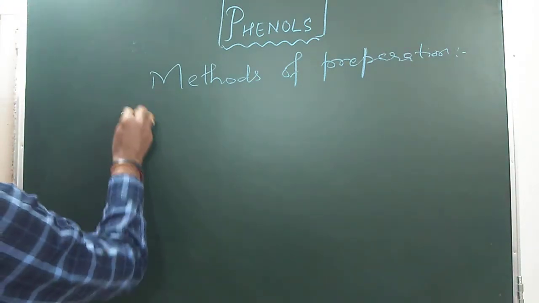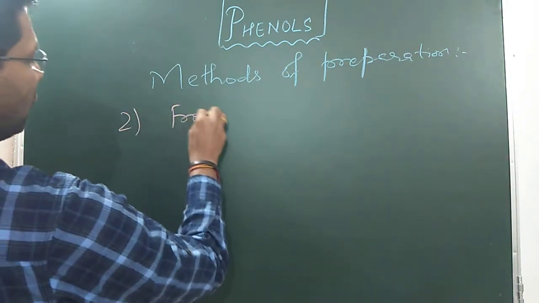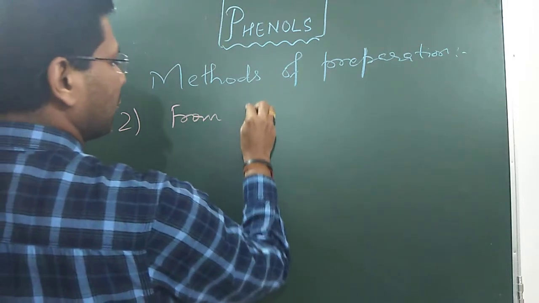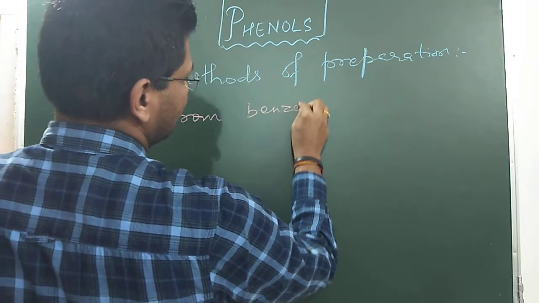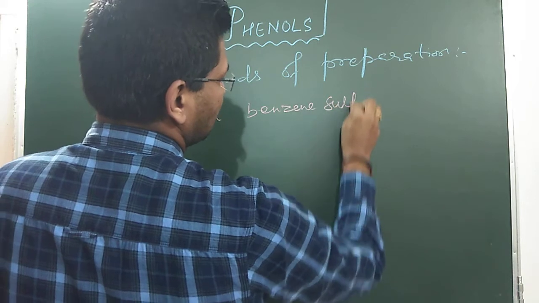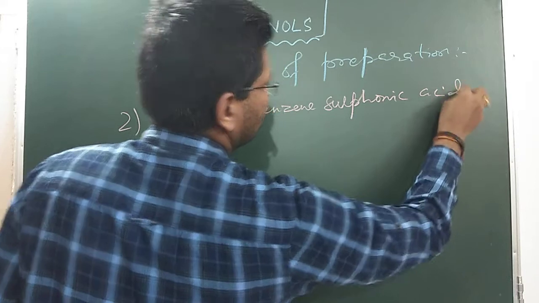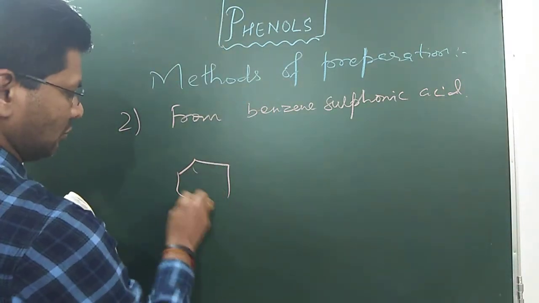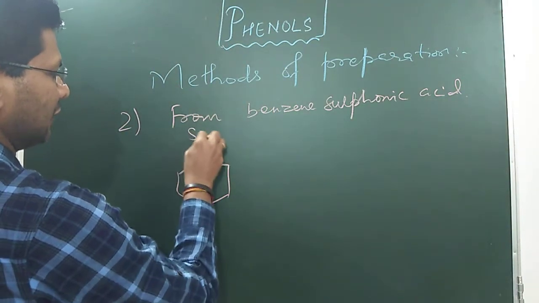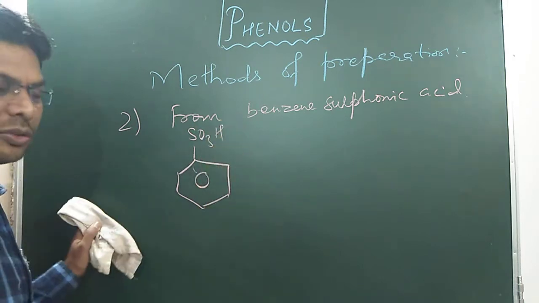Next method is from benzene sulfonic acid. Benzene sulfonic acid is C6H5SO3H.